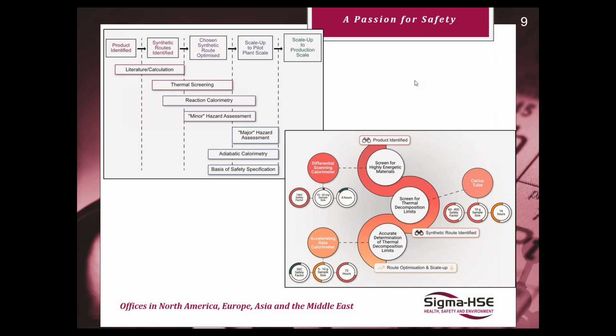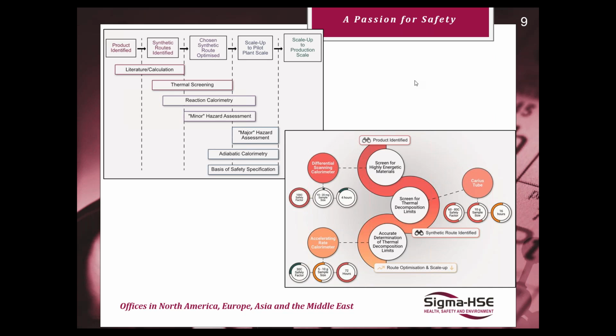And then when you're looking to pilot scale, that's where you start thinking more about the configuration of the whole plant and what really could go wrong and what potential impacts this might have. At the later stages, we also need to look at adiabatic calorimetry, which we'll again talk about later on, and this must inform your basis of safety for your process.